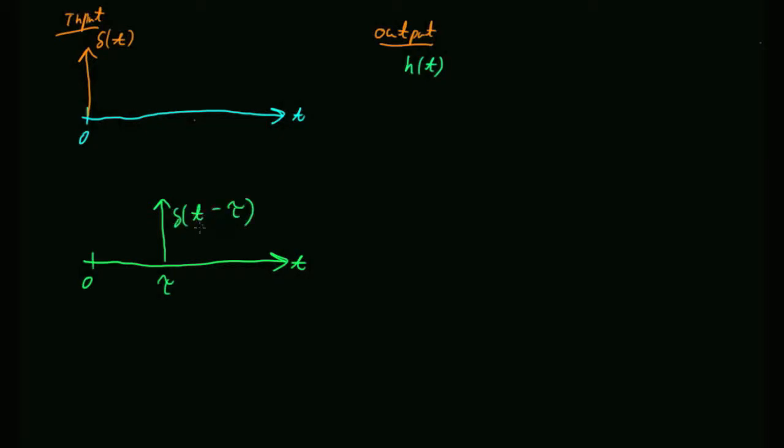If I shift my impulse by tau units, what's my output going to be? Yeah, h of t shifted to the right by tau units. It's common sense, right? If you delay your impulse by 1 second, you get your impulse response delayed by 1 second.